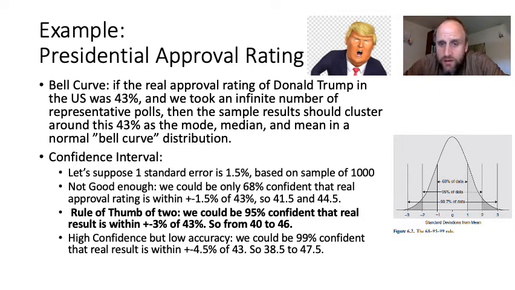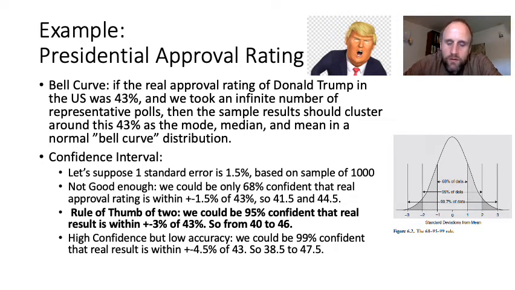And if we took an infinite number of representative polls, then the sample results should cluster around this 43% in a normal distribution, a bell curve, which means the mode, the median, and the mean would be the same, 43%. Now, let's suppose, based on a sample size of 1,000, we've taken one sample, the standard error is 1.5%.